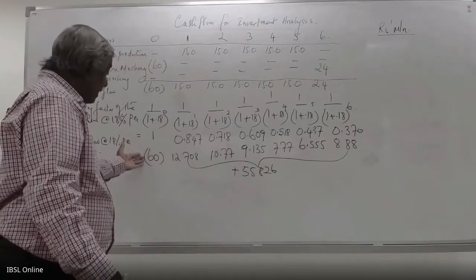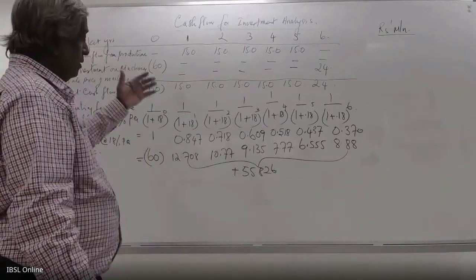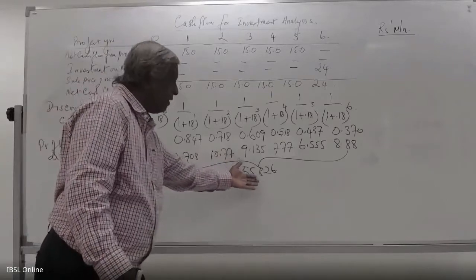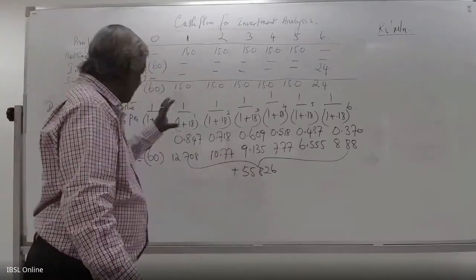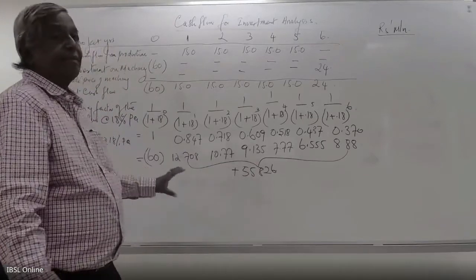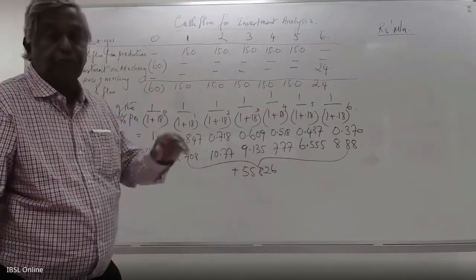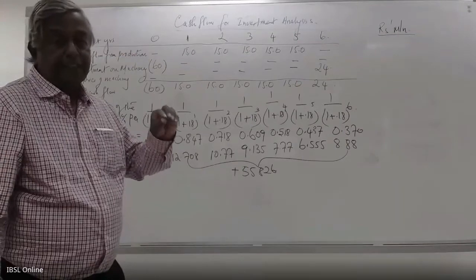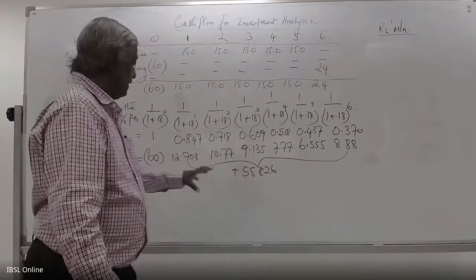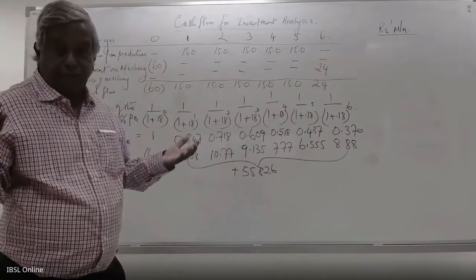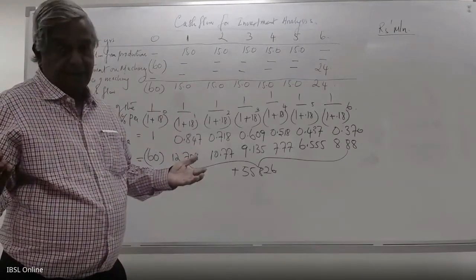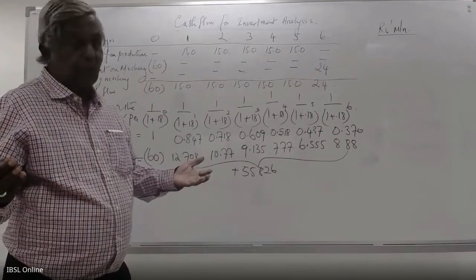The present value of the outflow is more than the present value of the inflow. So this inflow is not covering the investment in present values. When you analyze in present value, the inflow is not covering the outflow. So this project is not worthy.